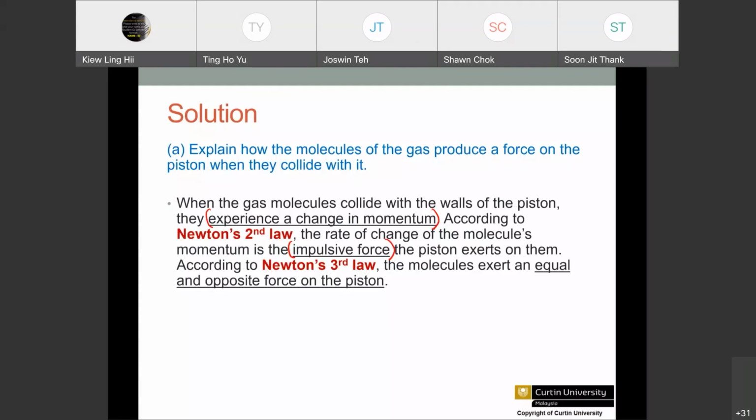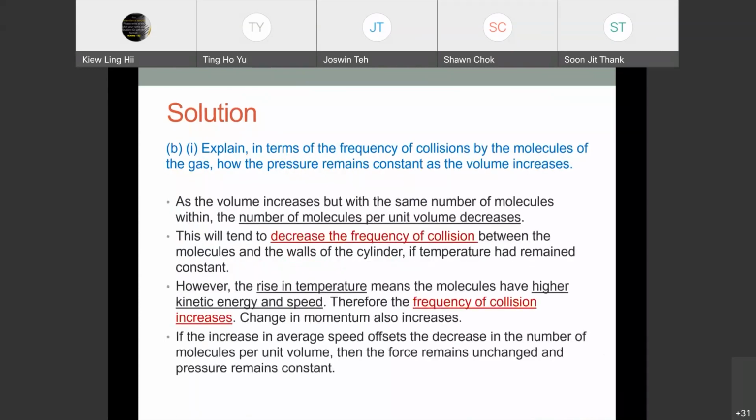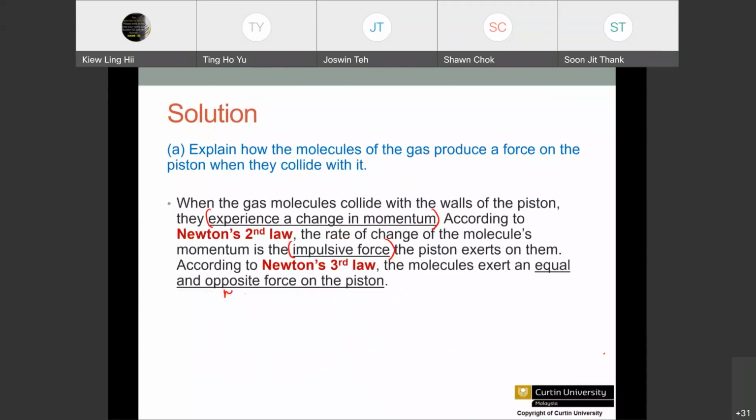At the same time, the wall will give you a reaction. This is what we call the reactive force. When you bump into the wall, you feel the pain. Why? Because the same amount of force is given back from the wall to you as well. This is what we call the equal and opposite force, or another word is reactive force.